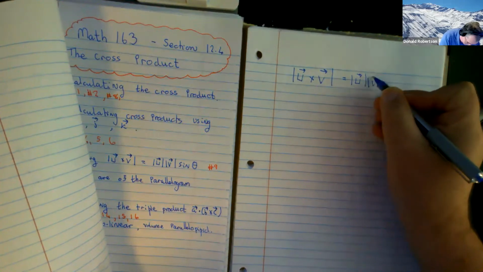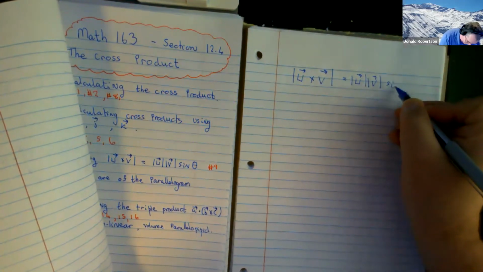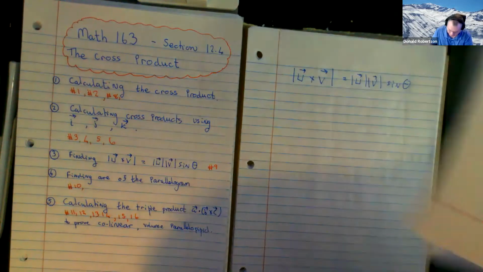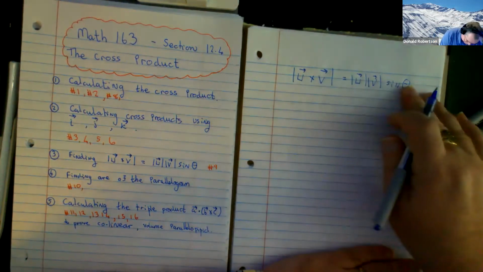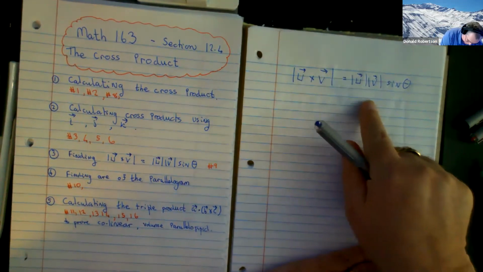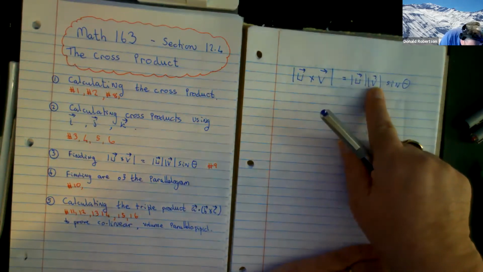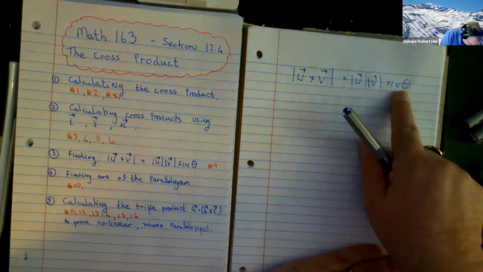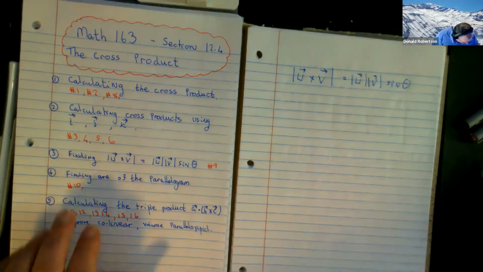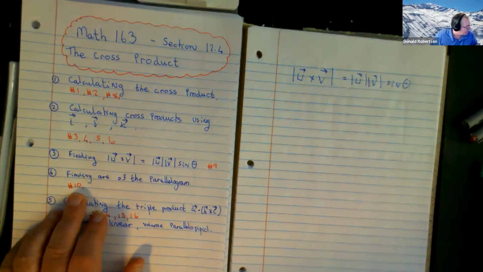And if you wanted to calculate this, you could do it by multiplying the magnitude of u times the magnitude of v times sine theta. I'm going to use their question 10, then I'll bring back the one I covered up to show you used in 2 different ways.